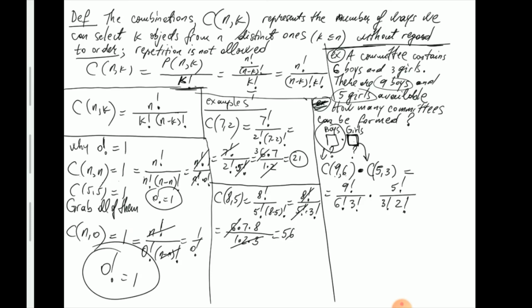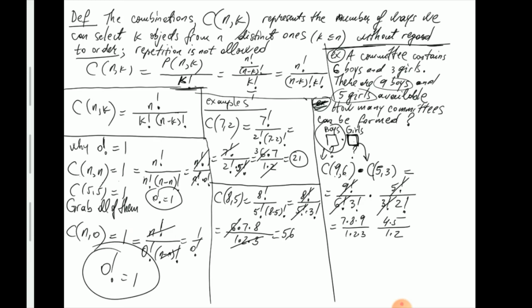Now you have lots of options to pair the factorials. Again, pair the bigger ones close to each other. I'm going to pair 6 with 9 factorial. Immediately write down what's left. That's 7, 8 times 9 over 1 times 2 times 3. Here I can cross out 3 with 5, and I'm left with 4 times 5, and on the bottom is just 1 times 2.